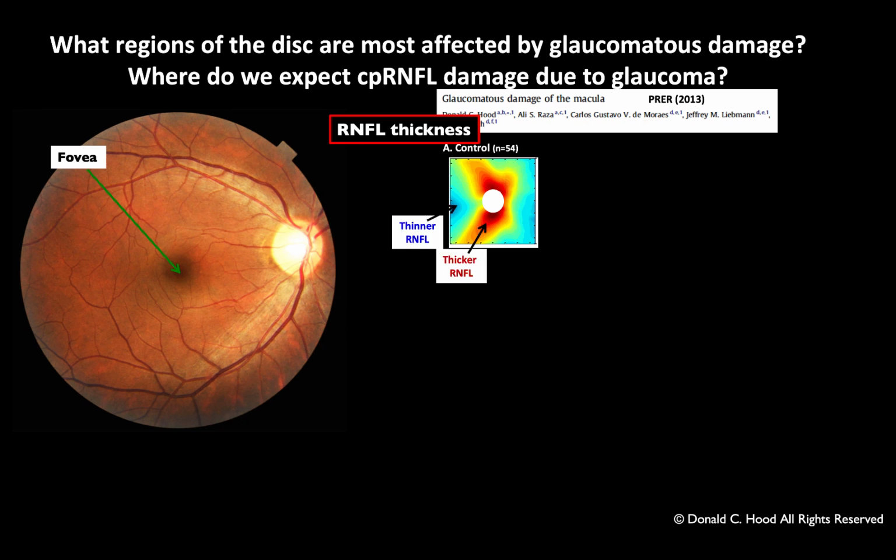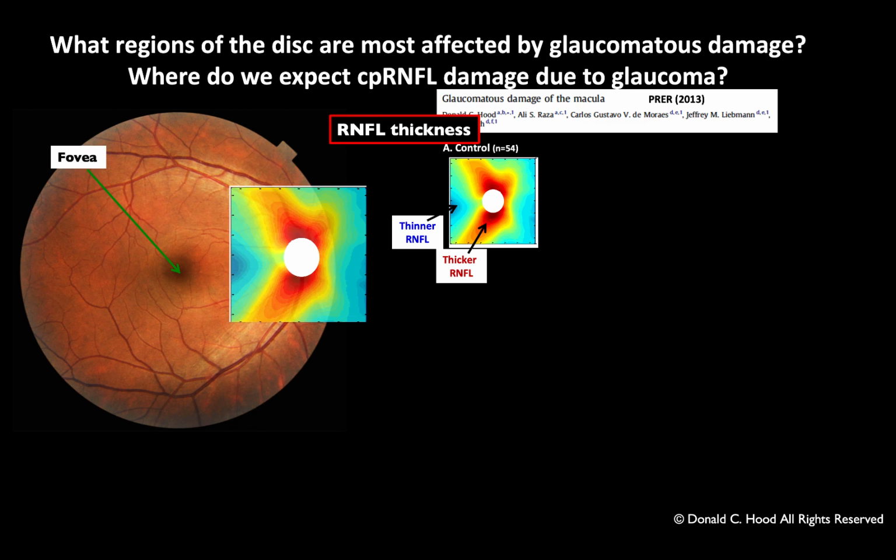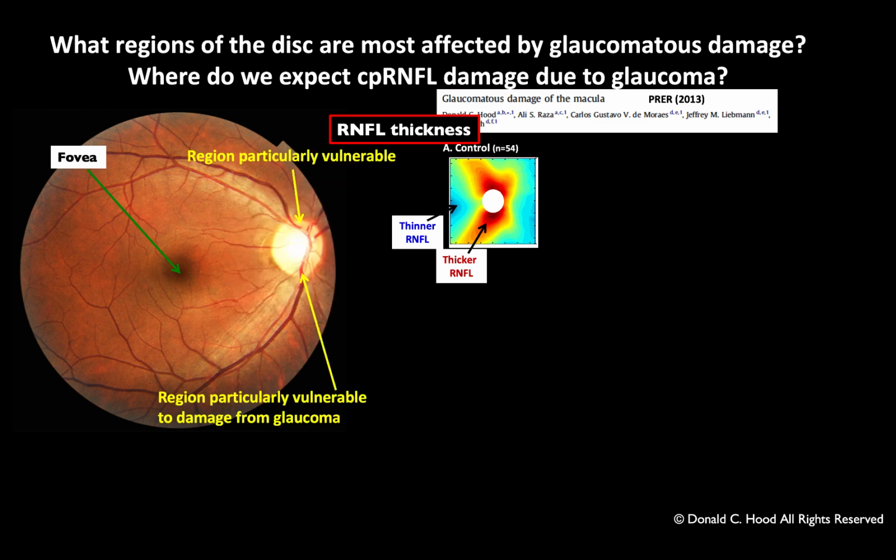That's thin, that's thick, and let's blow it up and center it on the disc. Remember from classical teaching, these are the regions that are particularly vulnerable. So if this is superior disc, the superior quadrant is vulnerable and the inferior quadrant is vulnerable.